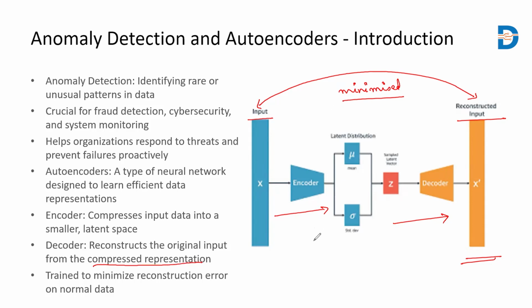Because this model is trained on normal data, autoencoders cannot reconstruct anomalous data effectively. And that is what we use autoencoders for. That aspect of autoencoders is used for anomaly detection.